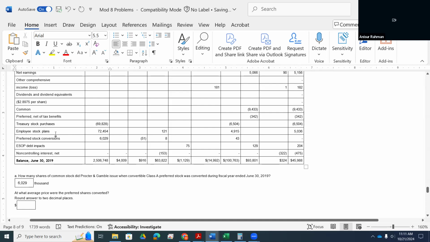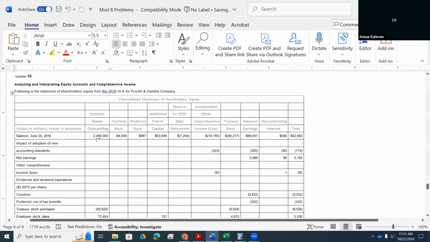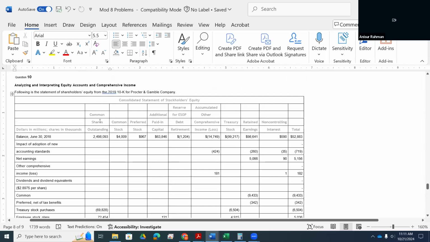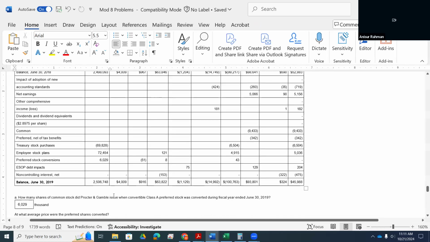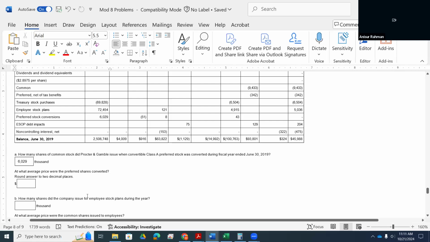Preferred stock conversion. These many shares of preferred stock were converted into common shares. Dollars in millions, shares in thousands. These are in thousands. Next question: at what average price were the preferred shares converted?